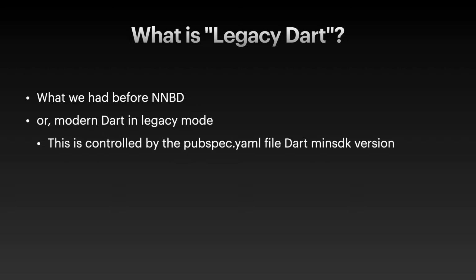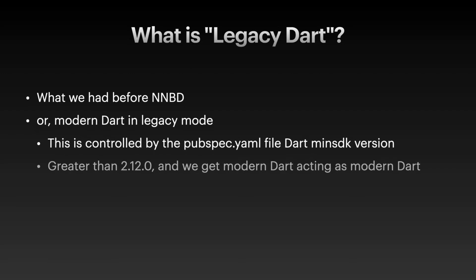So you've seen that many, many times. I won't need to point that out. But the number in front is the important one, the min SDK. If that number is greater than 2.12.0, we are going to get modern Dart acting as modern Dart using the technologies that we'll see in the next few slides.